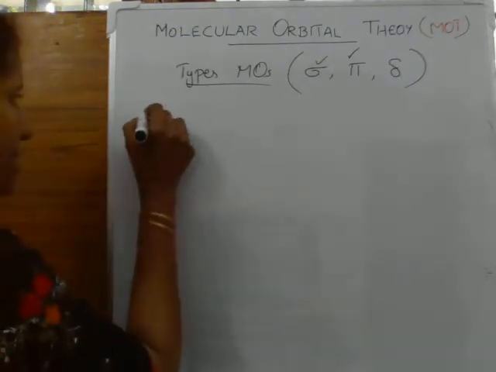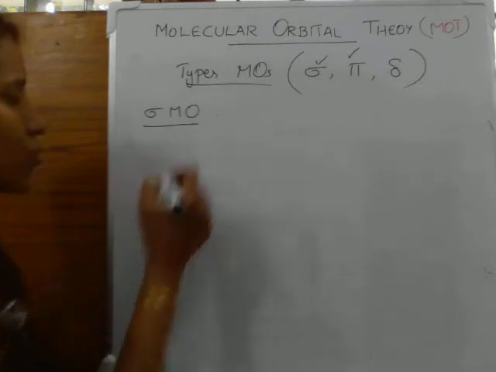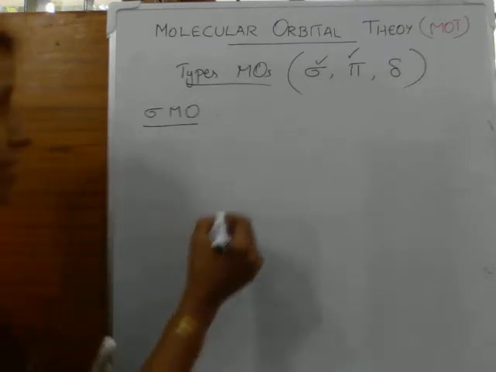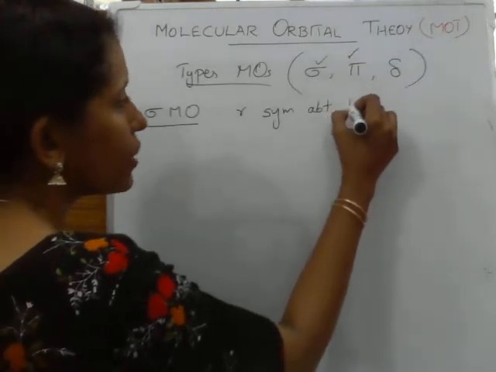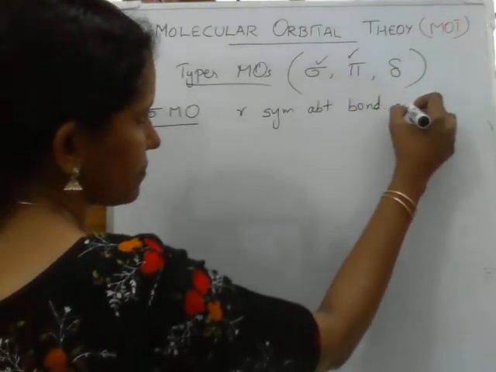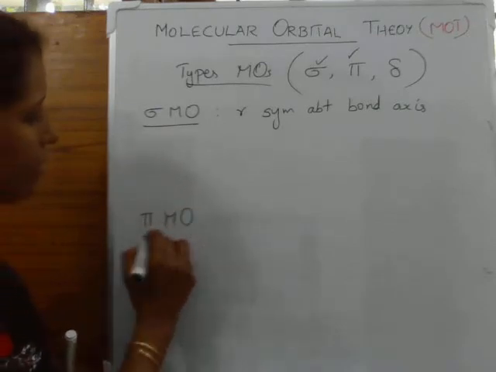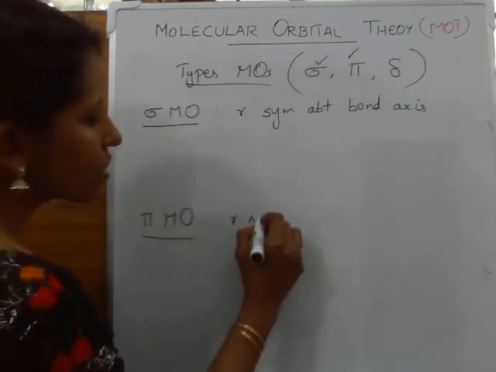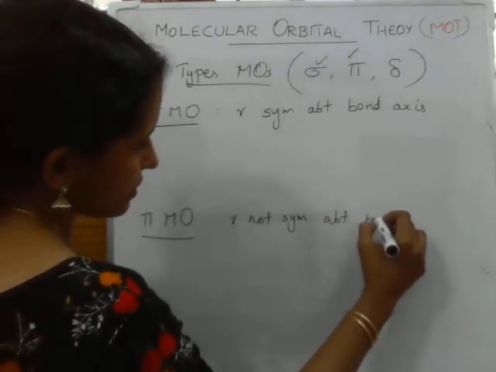Let's take sigma molecular orbital. Sigma molecular orbitals are the molecular orbitals which are symmetric about the bond axis, whereas pi molecular orbitals are not symmetric about the bond axis.